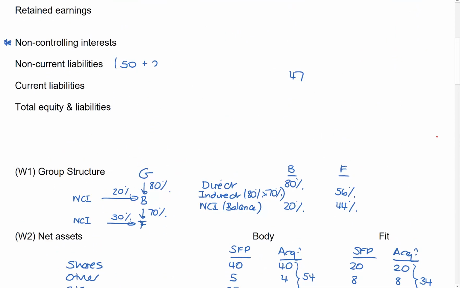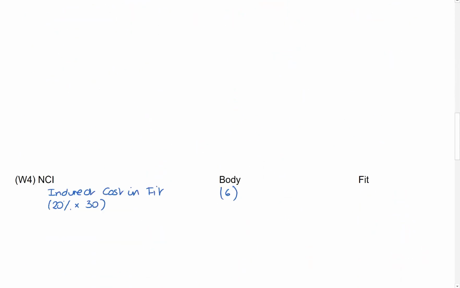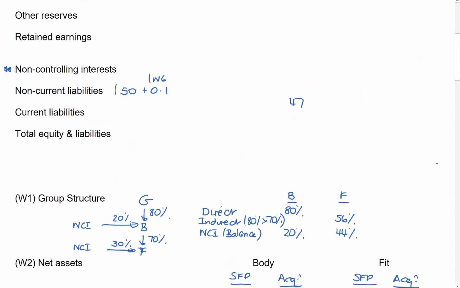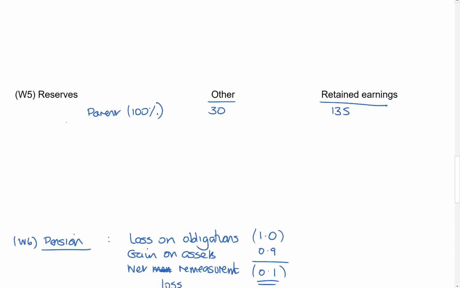So plus 0.1, that comes from working number 6. So I'm going to credit non-current liabilities, and if we go into reserves, pension remeasure 0.1 from working number 6.